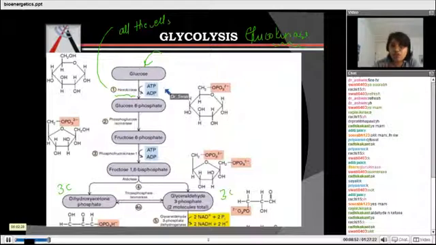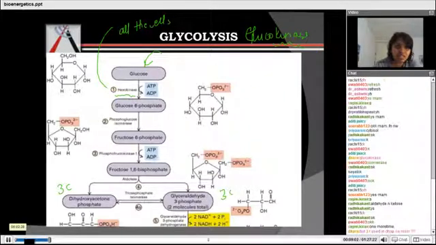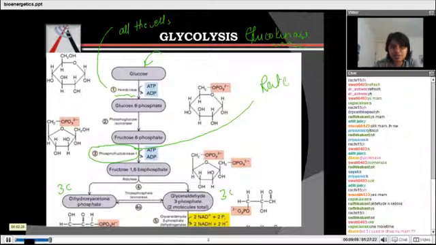Till this process, we used up 2 ATPs. And one thing you have to notice is this reaction, phosphofructokinase 1. This is the rate limiting step. If you're making a note in your keynotes, please do that. Although it is there in the chart, if you do it on the flowchart itself, it's easy for you.